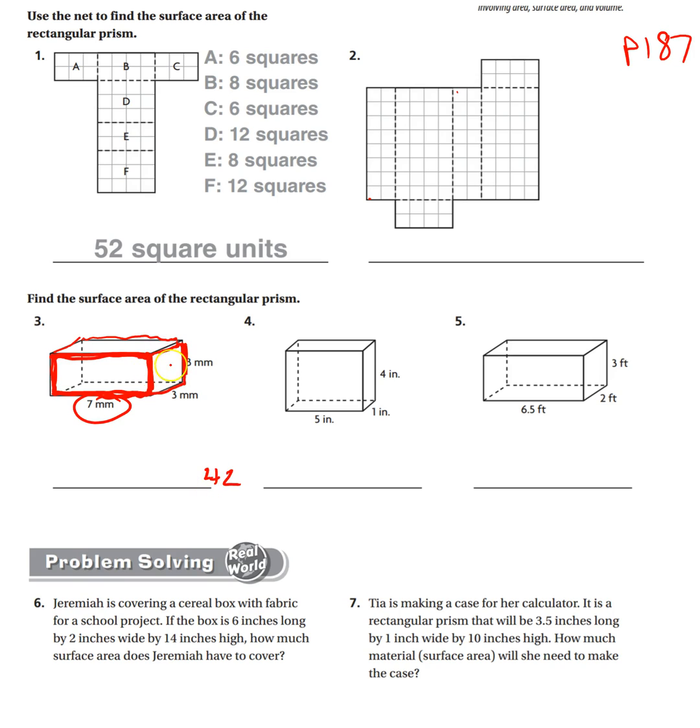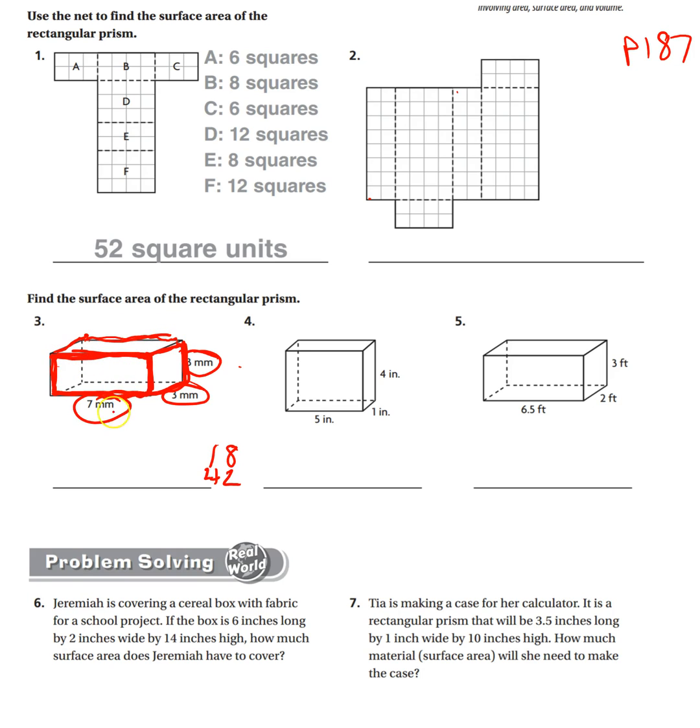All right, let's look at the right side. This box here, it's 3 by 3. 3 times 3 is 9, and then there's going to be a right and a left, so we multiply that by 2. We get 18. That's 18. And then let's look at this top here.